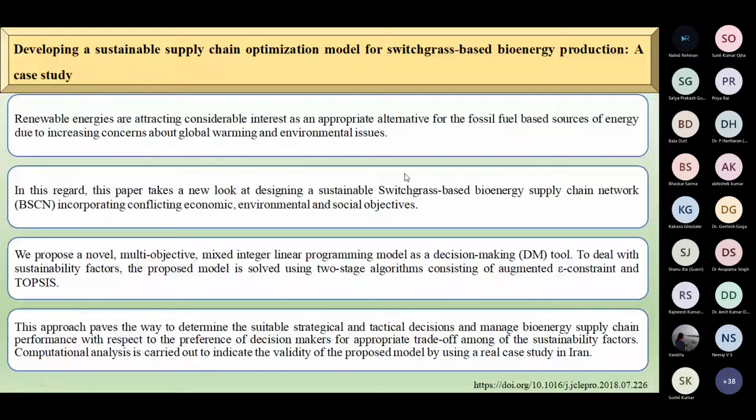This is another case study, in which switchgrass based bioenergy production was studied in Iran, and the objective is the same as everywhere.